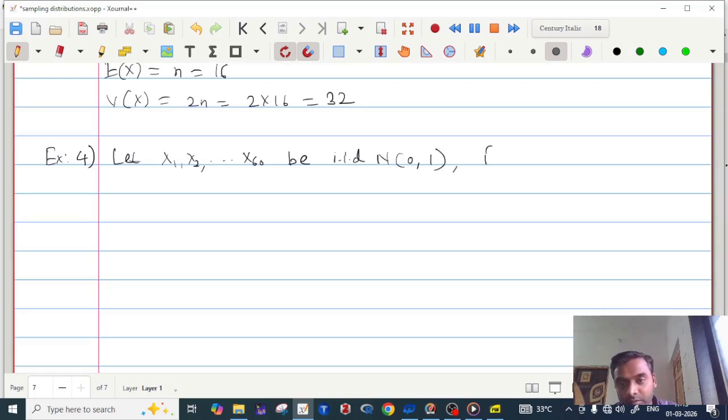Find the probability that the summation of Xi square is less than 65.227. How to solve this? Xi follows normal 0, 1.